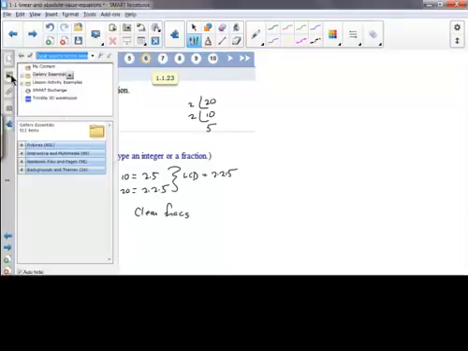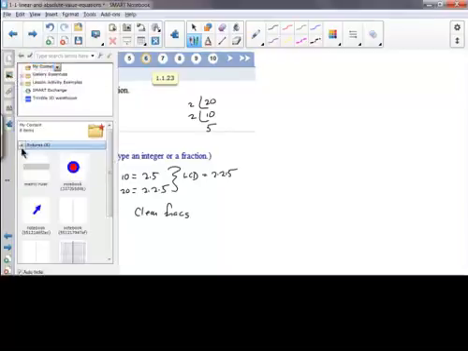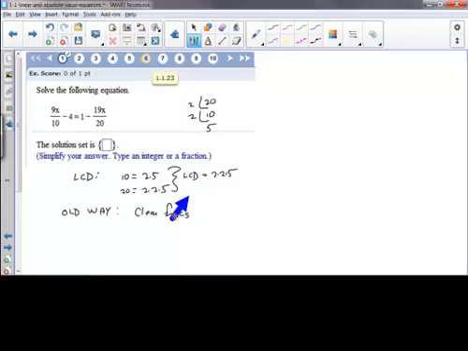Put it up here, and I think things are starting to get just complicated enough. Be nice to have a pointer to direct your eye line. The old way, just clear fractions. The new way, my way.